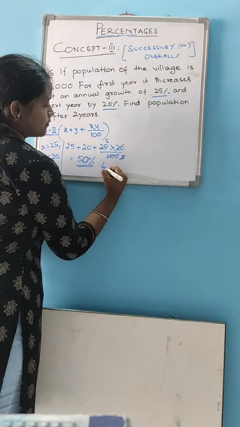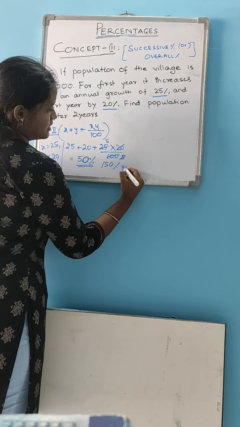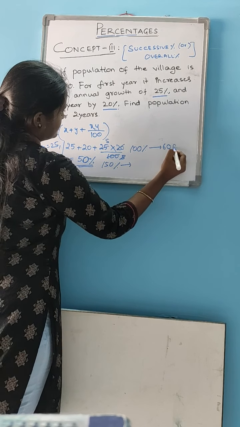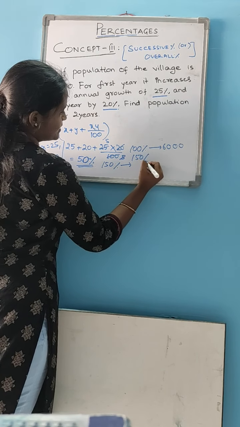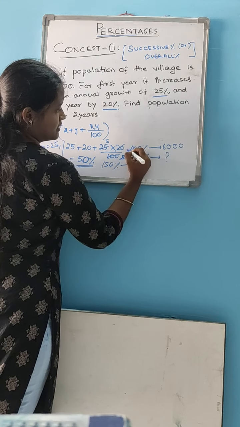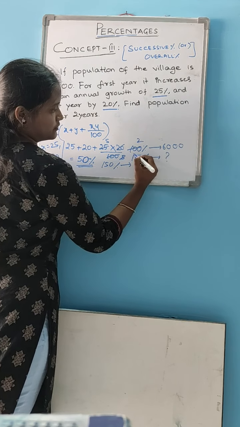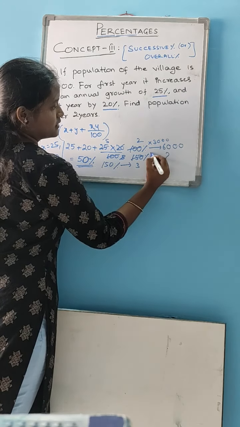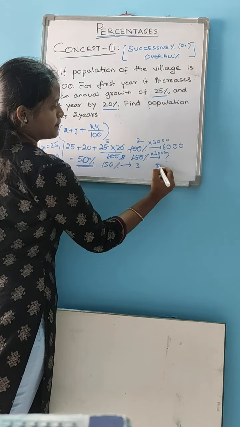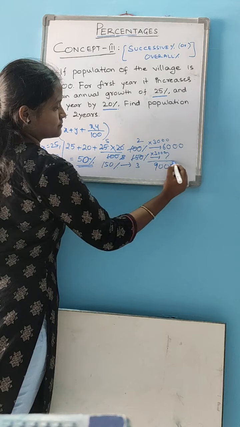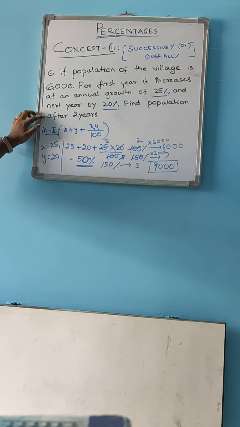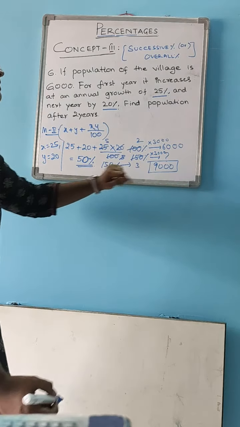That means 150%. Initially 100% means 6,000. 150% means how much? 50 into 3 is 150, so 3,000 into 3, that means 9,000. That means the overall population of the village after 2 years is 9,000.